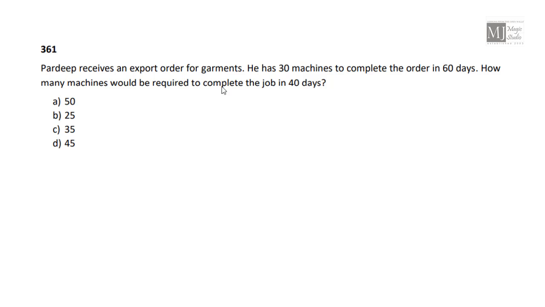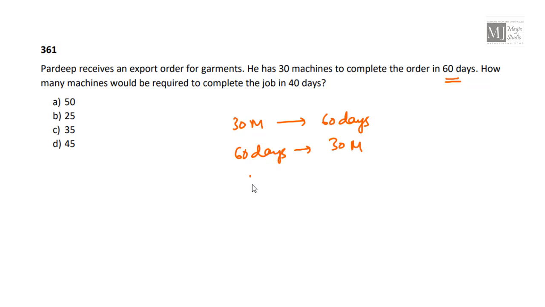Pradeep receives an export order for garments. He had 30 machines to complete the order in 60 days. With 30 machines, he can complete the order in 60 days. How many machines would be required to complete the job in 40 days? To complete the job in 60 days, he requires 30 machines.